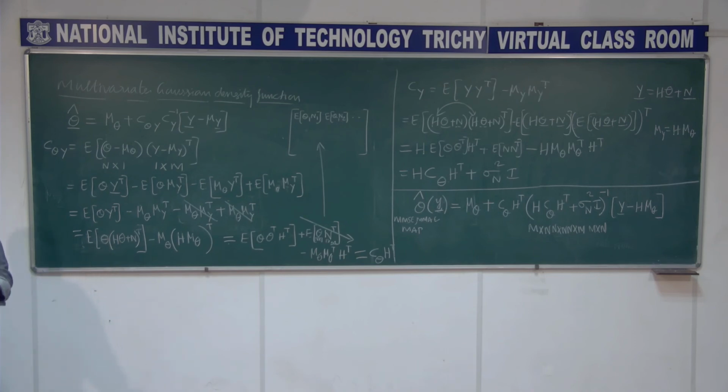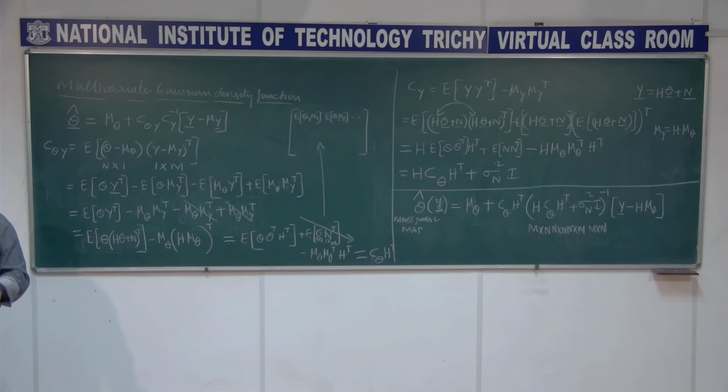But you should know whether it is Gaussian or not. If you don't know this prior, if you don't know that posterior density function, there is another technique other than MMSE, MMAE, MAP. What is that? It is maximum likelihood estimation.